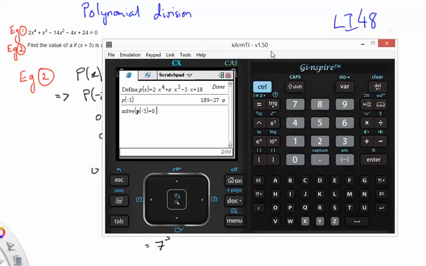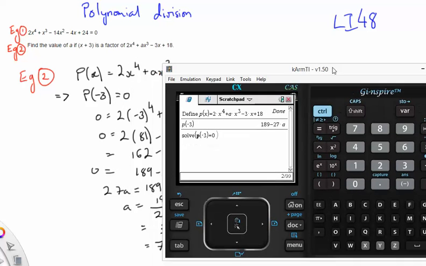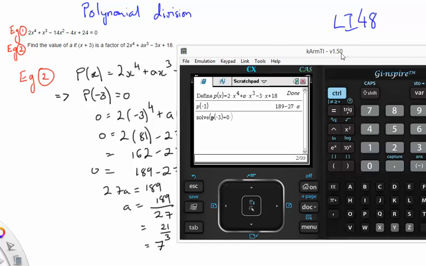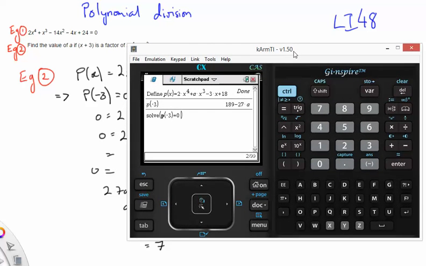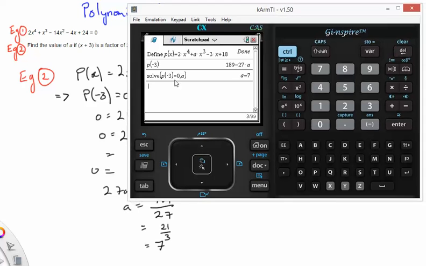So we've got p of -3 equals 0, and we want to solve for a. So you can see that it's saying p of -3 equals 0. Now tell us the value of a. Can you see how that's working there?